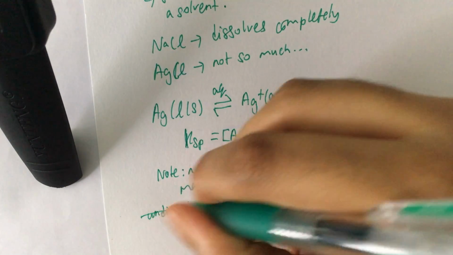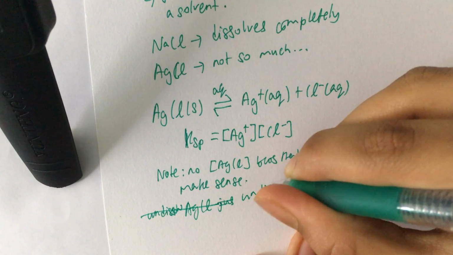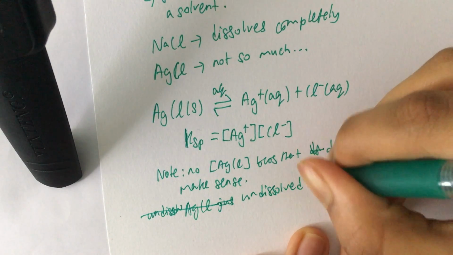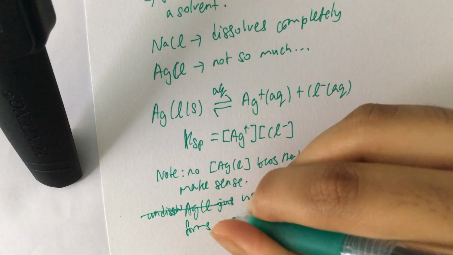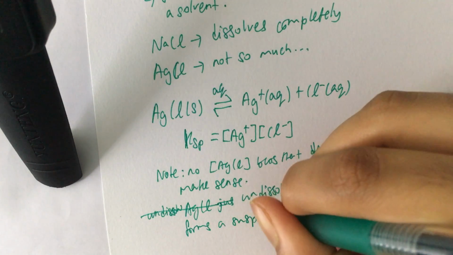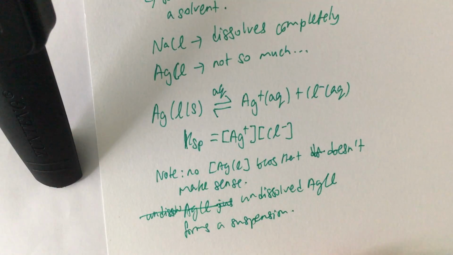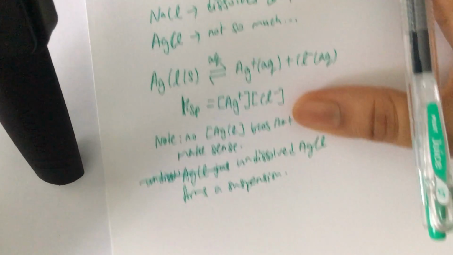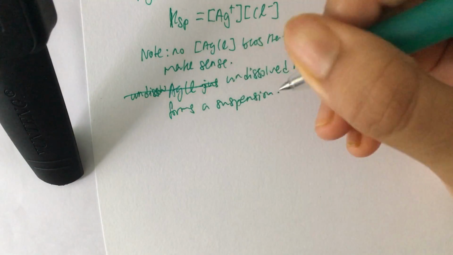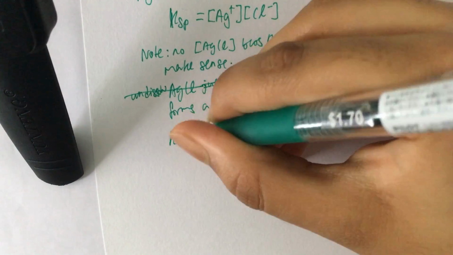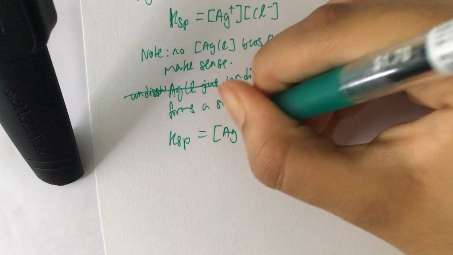If the data in your question clearly tells you how much of one ion there is, you can infer how much of the other ion there is as well. Or if the solution already has a certain amount of ions, which we will talk about later, you have to put that into the equation as well.